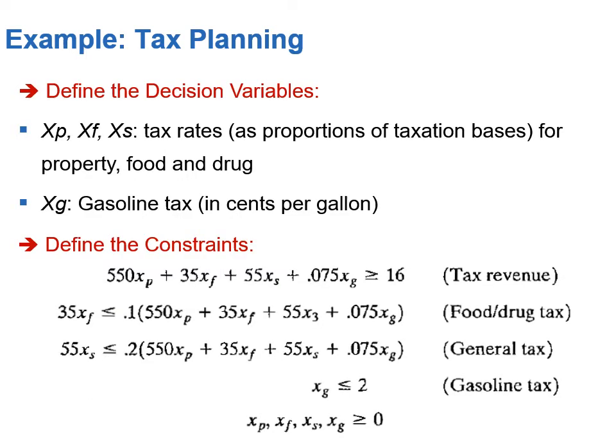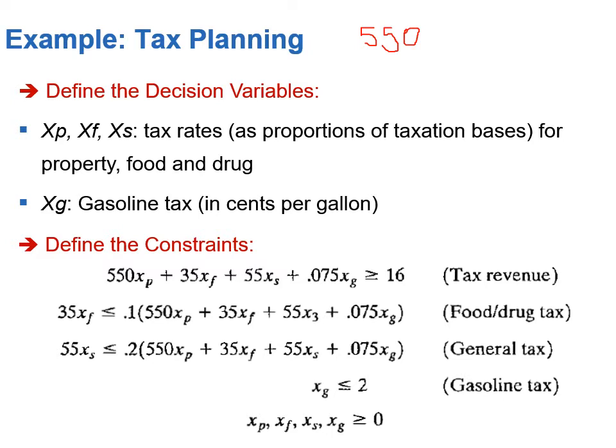Now let's try to write our constraints. The first constraint says that the total collected tax must be at least 16 million. Remember, for this real estate property, the total value was $550 million.